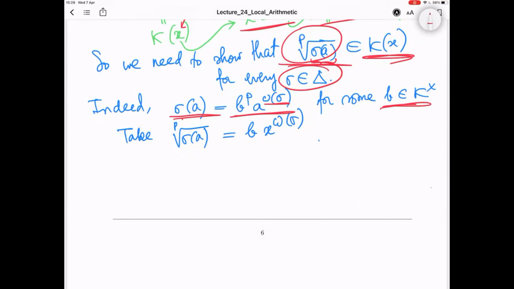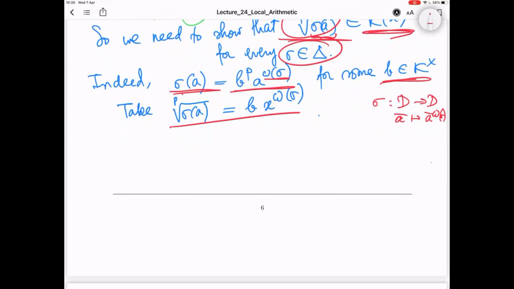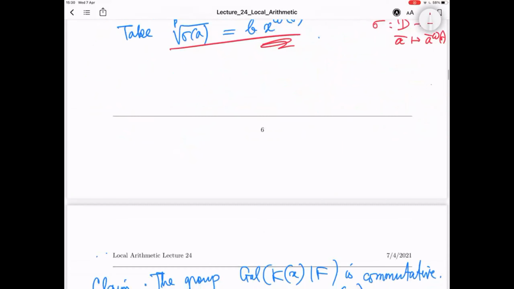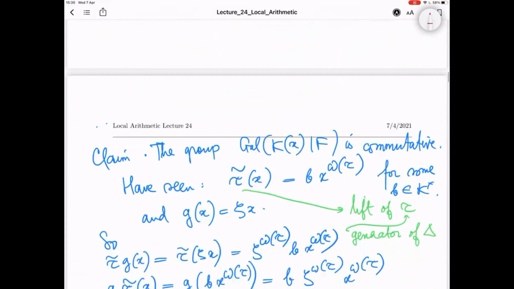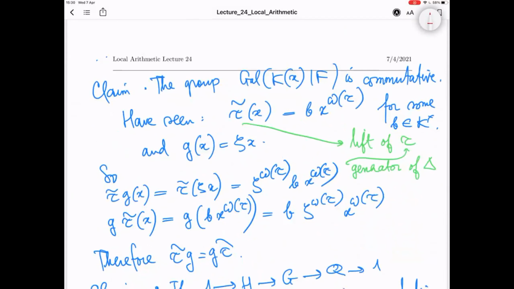Because that's what is given to us: sigma maps D to D, and it takes any A bar here to A bar to the omega of sigma. And you just take the pth root. This is a pth root of sigma A in your field. So Galois over F is easy.